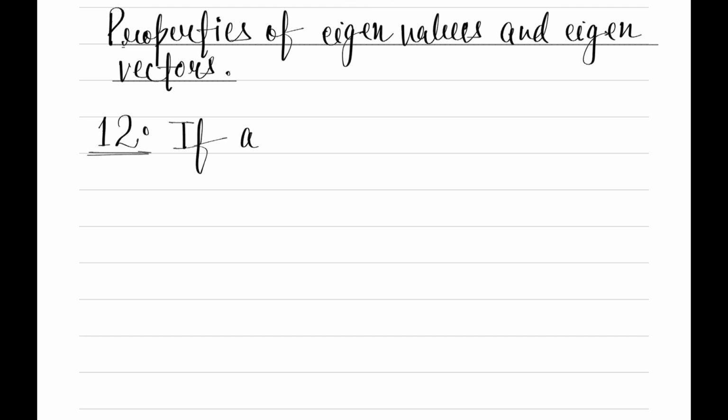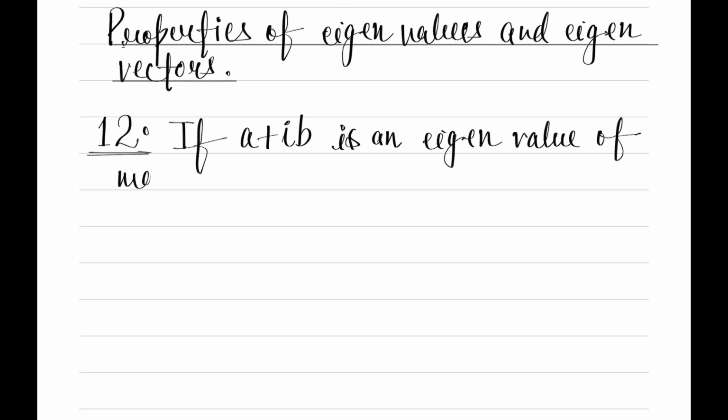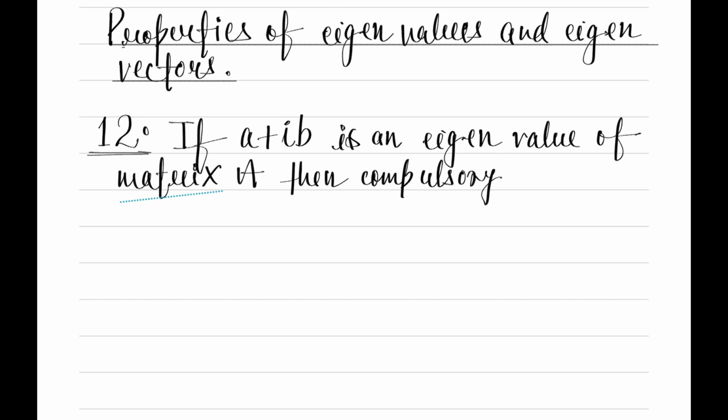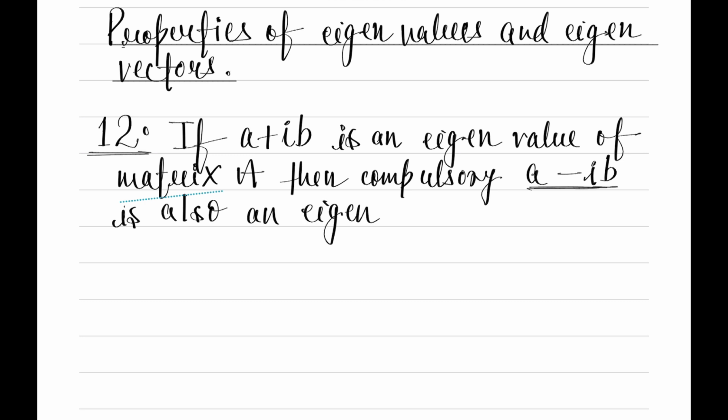If a plus ib is an eigenvalue of matrix A, then it's compulsory that a minus ib is also an eigenvalue of matrix A.